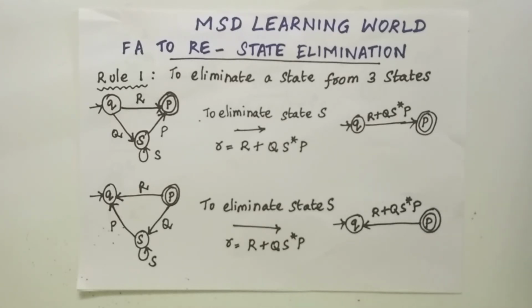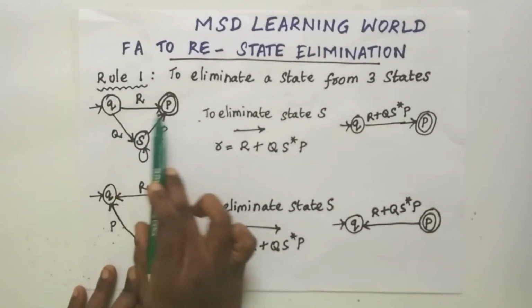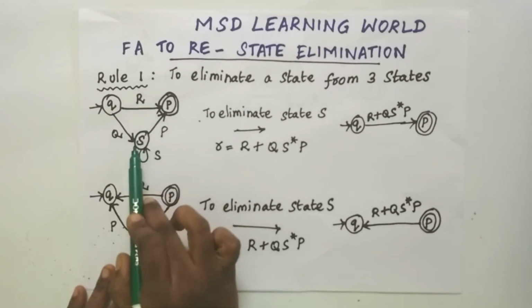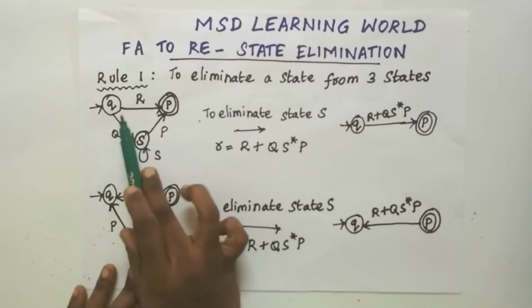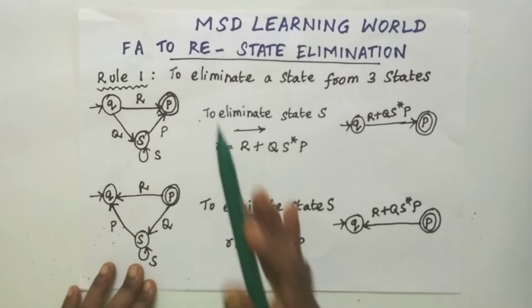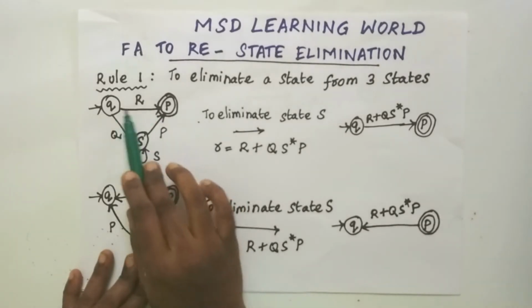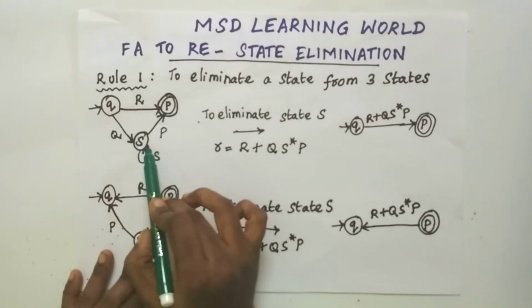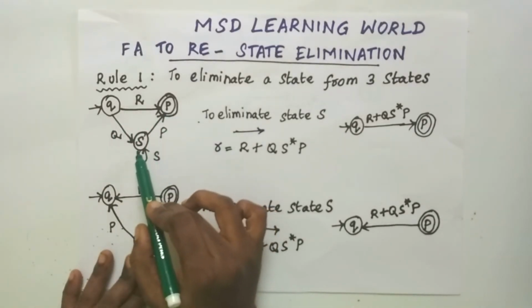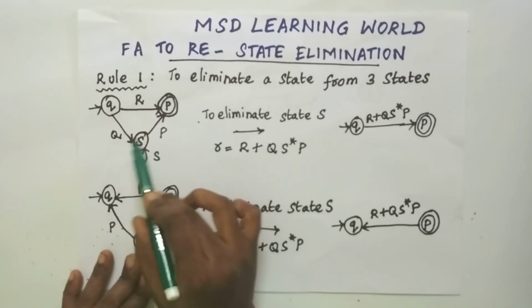To eliminate the state S, you have to consider the path from Q to P. For eliminating the state S, by considering the path from Q to P, you must make all the paths towards P: Q to P, Q to S and S to P. And you consider the self loop present in the state S.